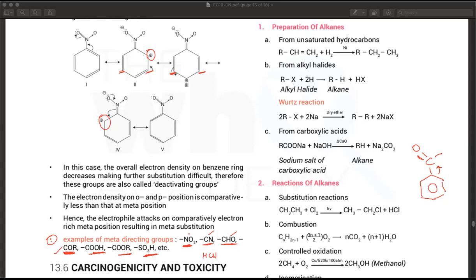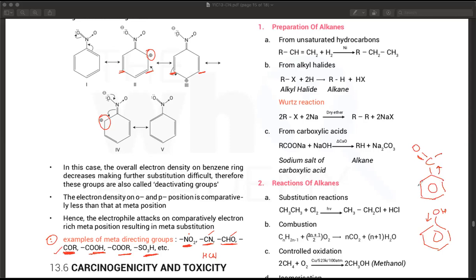Ma'am, can I say that if I see a benzene ring bonded directly to an oxygen atom, then it will be an electron donating group? Yes, phenol is electron donating. In the withdrawing groups, not a single oxygen is connected directly to the benzene ring.